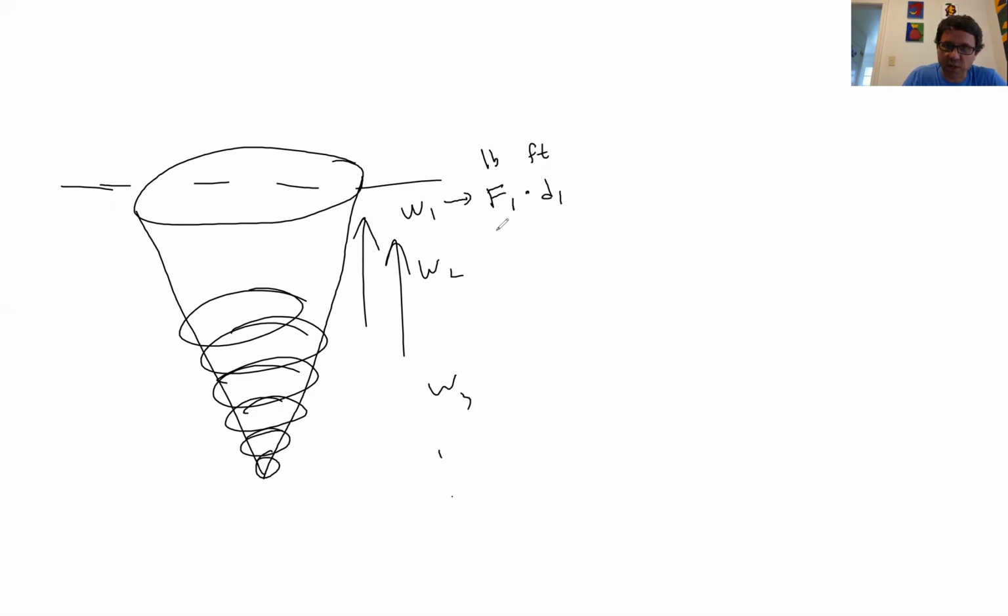In order to figure that out, I need to know the volume of the rock and multiply by the density of the rock, because this is in cubic feet and this is in pounds per cubic foot. When they cancel, I do get pounds. Then I just multiply by the distance. And that's exactly what I did.